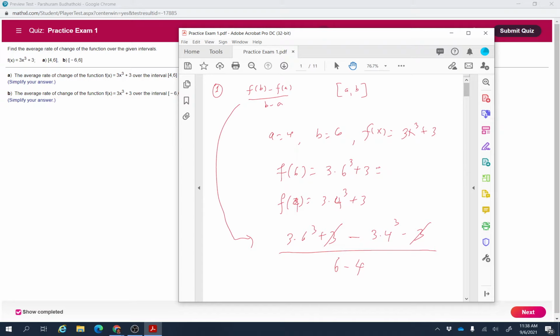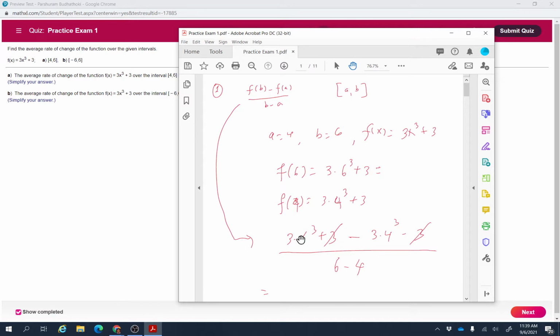This 3 cancels out, and if you do the math here, you can use a scientific calculator for this kind of problem, so I'm using calculator for now. 6 cube minus 4 cube is 152, times 3, it's 456, divided by 2, which is 228. So that's the reason the answer is 228.